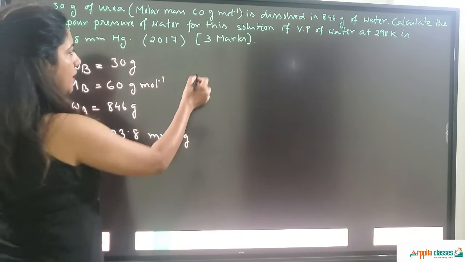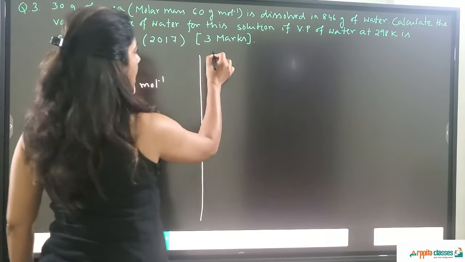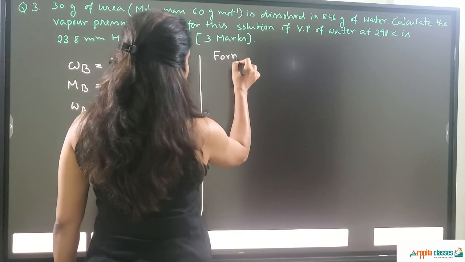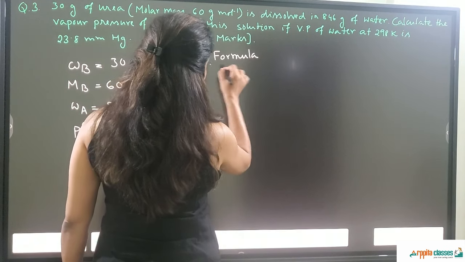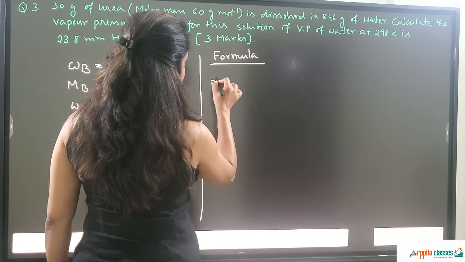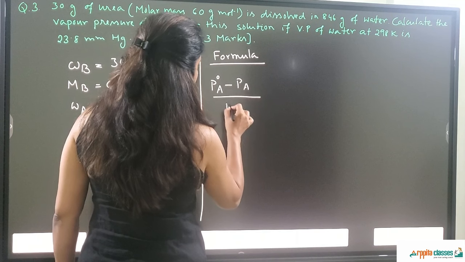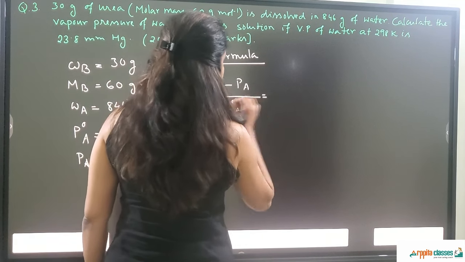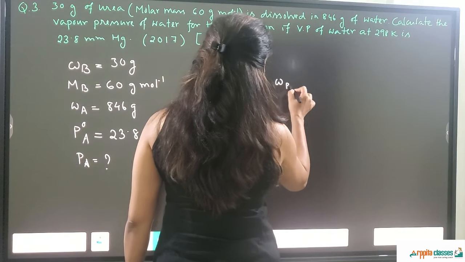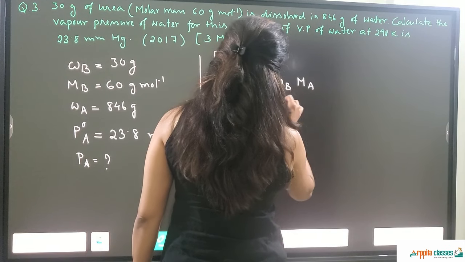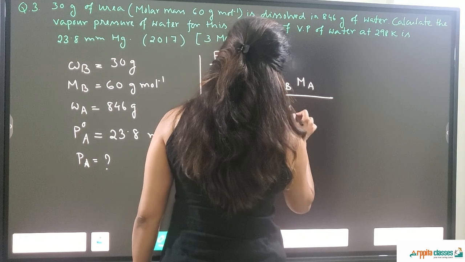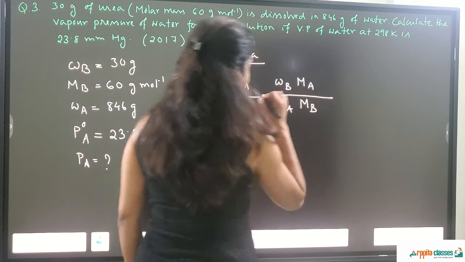Okay, so we'll apply the formula again. Now I am directly writing the formula. In the first question I already told you how to derive the formula. So now directly the formula is P naught A minus PA upon P naught A is equal to WB into MA divided by WA into MB. This is the formula.